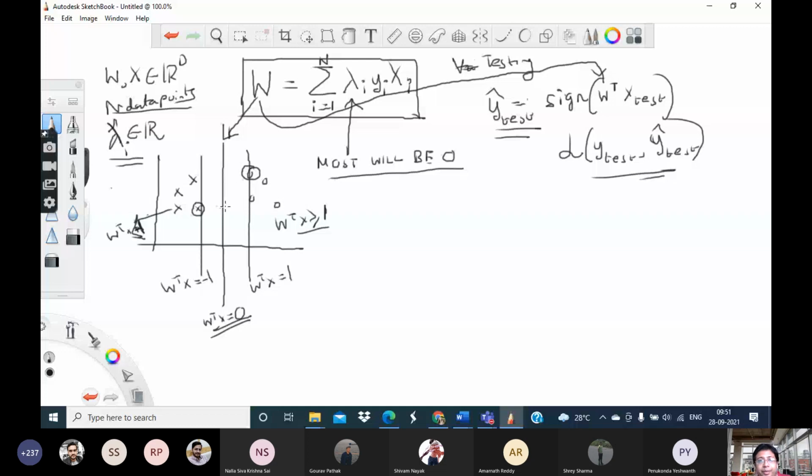Now it can be established through a lot of mathematics that it is for these points that the lambdas will be non-zero. For all the other points, lambda will be equal to 0. So for this one, lambda is non-zero. For this one again, lambda is non-zero. For everything else, lambda equals 0.